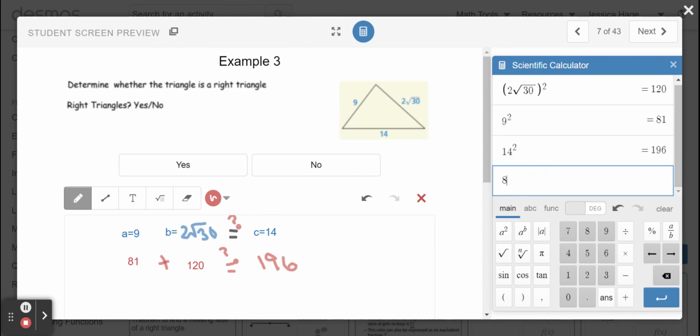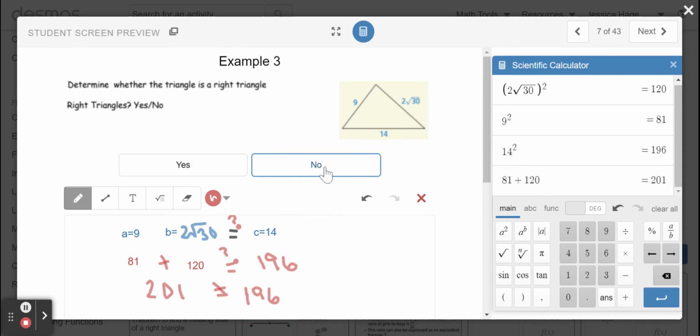And we can see here that 81 plus 120 is not 196. That's actually 201. So 201 is not equal to 196. So this is not a right triangle. You would have to get the same number on both sides. So select no for slide 7. And that concludes the first video for these heights right triangle trig notes.